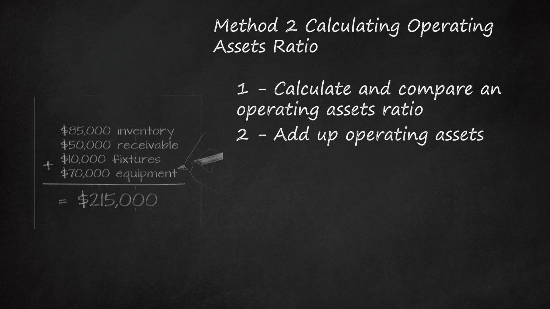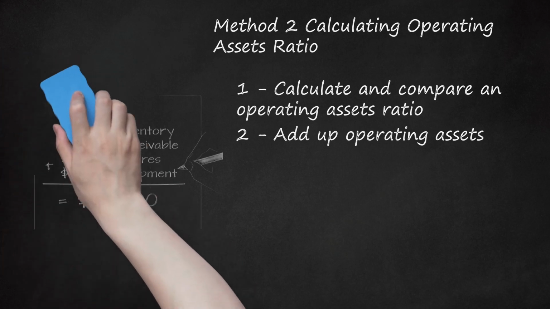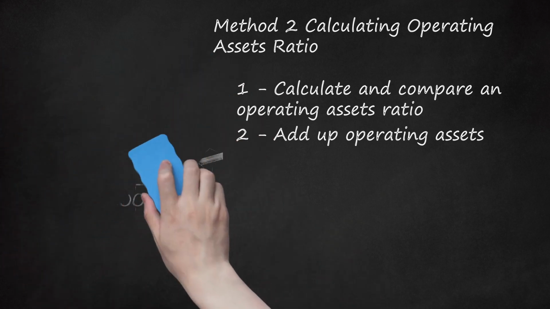For example, $85,000 inventory plus $50,000 accounts receivable plus $10,000 fixtures plus $70,000 production equipment plus $120,000 non-production equipment plus $90,000 obsolete inventory plus $75,000 overdue accounts receivable equals $500,000 total operating assets.